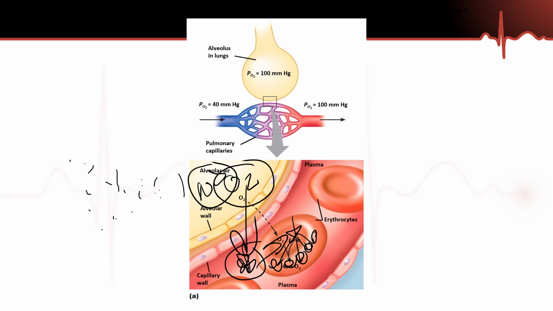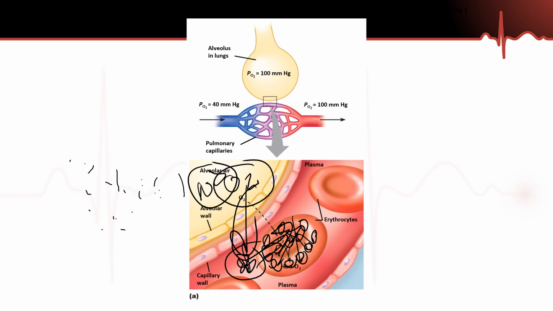And this just keeps happening until all of the 250 million hemoglobin molecules within this red blood cell gain one oxygen molecule, so they can become 100% saturated. So this red blood cell is going to gain 250 million oxygen molecules.